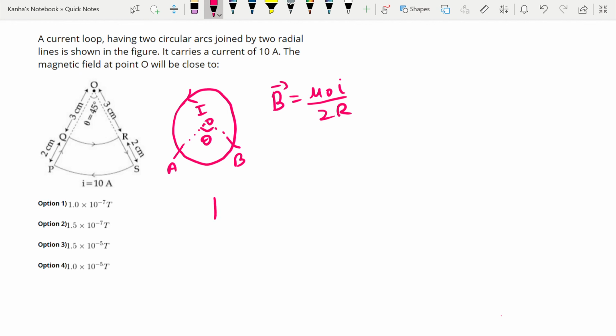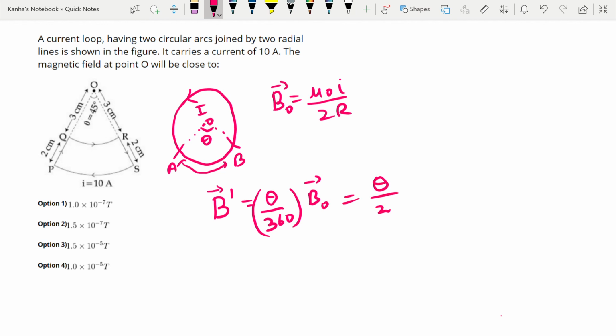Now the B prime, or the magnetic field due to just the segment AB, is given as theta by 360 of the magnetic field that would have been given by the entire circle. I'll call this B naught, so it is equal to theta by 2 pi into B naught, when the angle is given in radians, or theta by 360 when the angle is given in degrees.